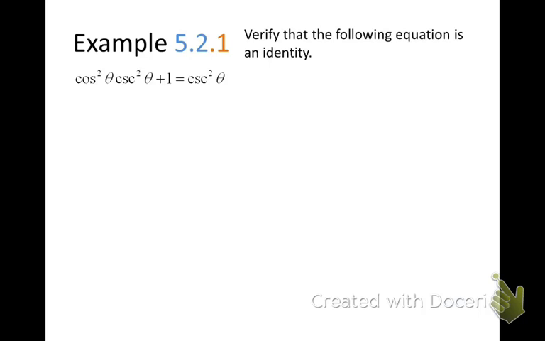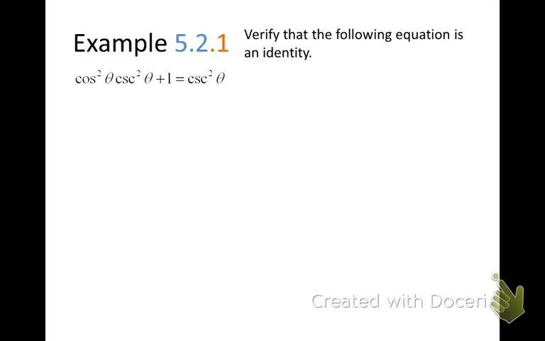For the first example, we want to verify that the following equation is an identity. What that means is that you want to pick one of the sides, whether it's this side or this side, and you want to work on that side until it matches the other side. Like I said, you are not juggling things back and forth, so don't go adding things to both sides or subtracting things from both sides.